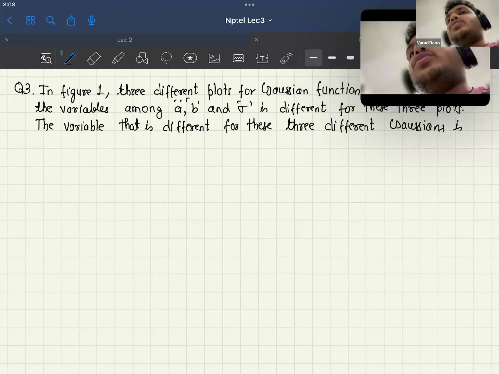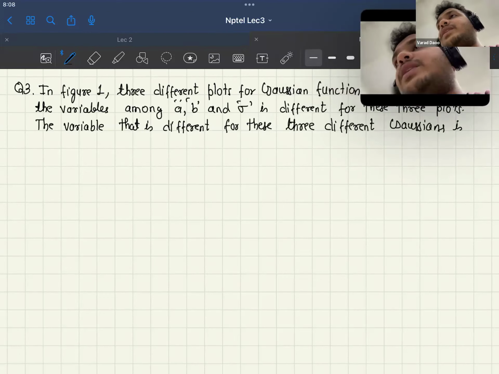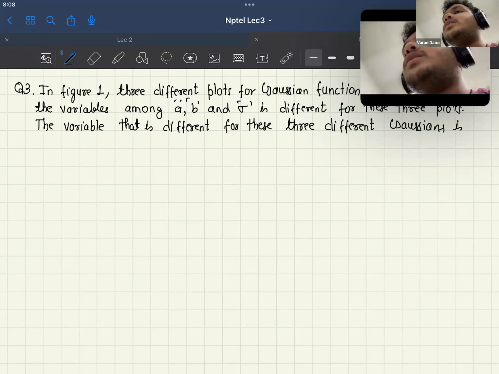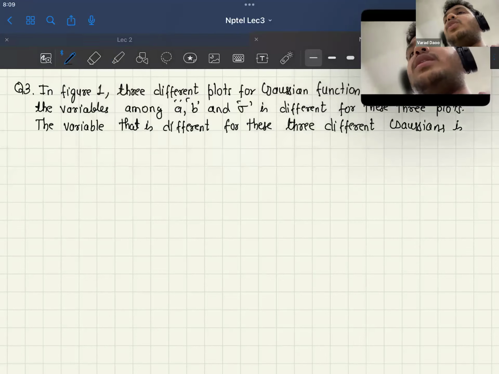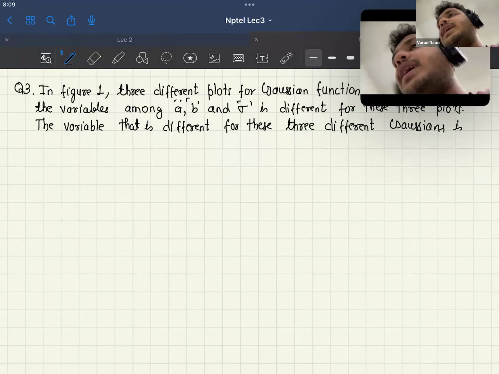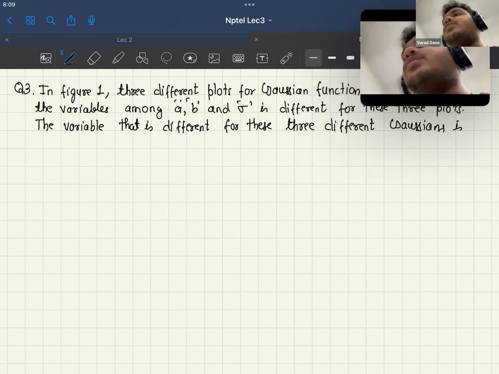So the question is, in figure one, which I will draw, three different plots for Gaussian function are shown. Okay, one of the variables among a, b, and sigma, which will be clear from the figure once I draw it, is different for these three plots.